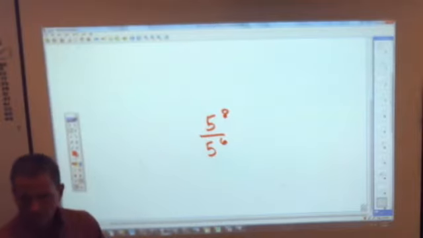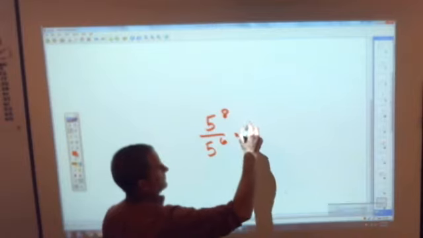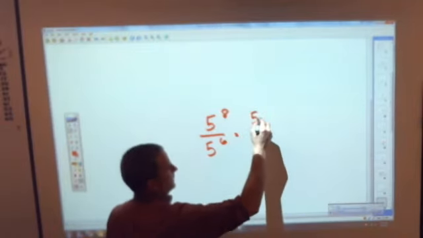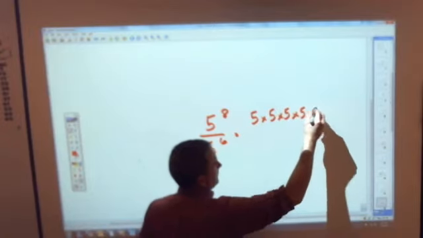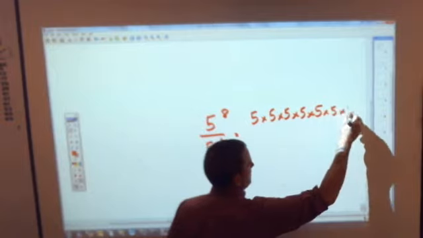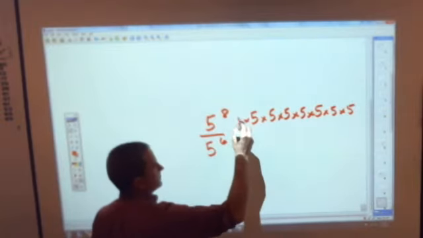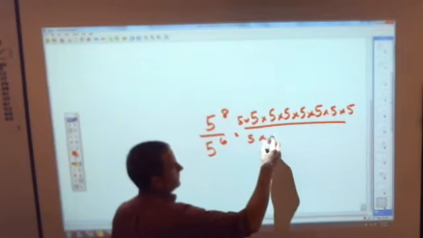Have we done that maybe before? Oh, well, just know this is this, right? 5 to the 8th power is 8 5s, correct? How many is that? 1, 2, 3, 4, 5, 6, 7, 8. And 5 to the 6th power is 6 5s, right?